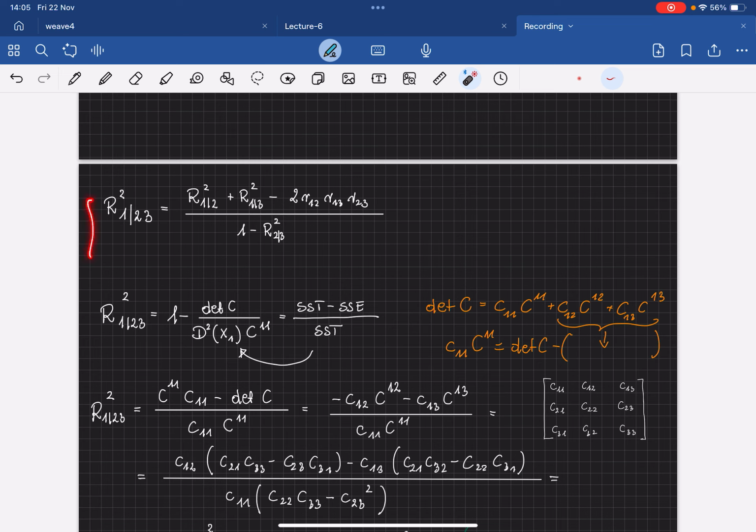This formula is more or less readable. For example, this fact that if you take two completely uncorrelated variables as independent variables, then you just add the information that comes from those two variables. So this is something that we would like to have, such a situation.